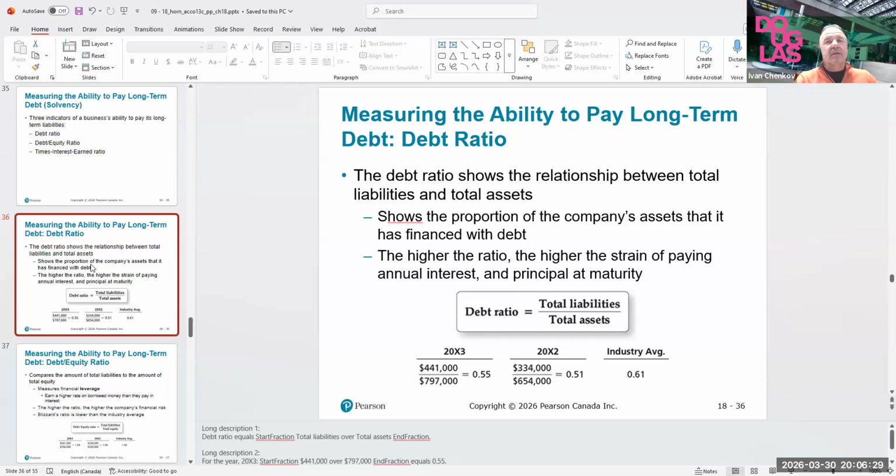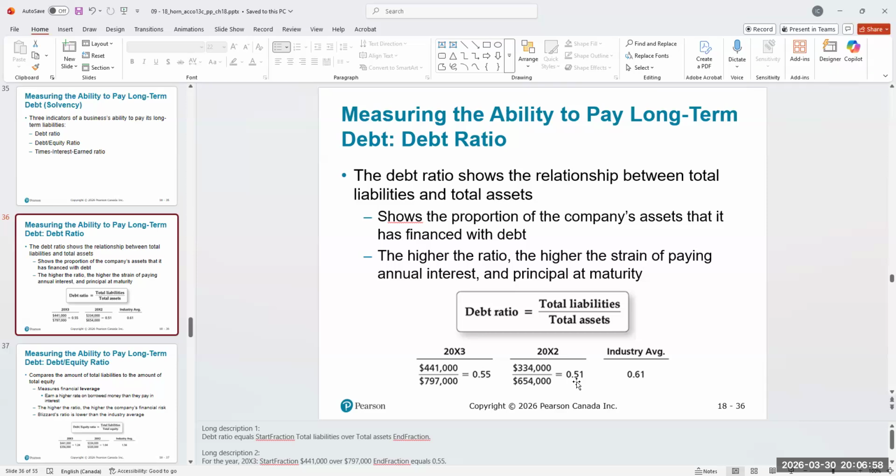If I calculate the debt ratio, and let's say my debt ratio is 0.51 or 51%, can you tell me how much my equity ratio is? Right away.